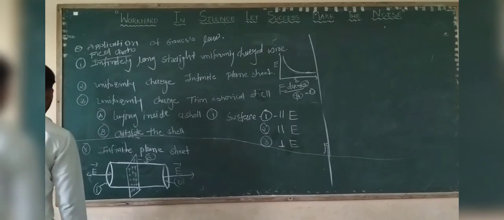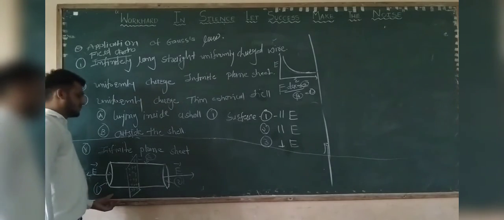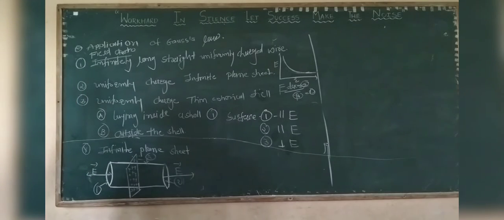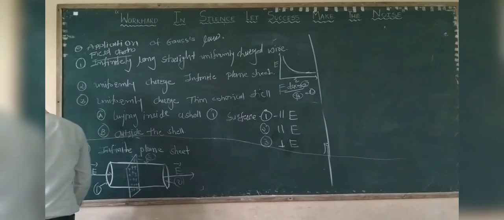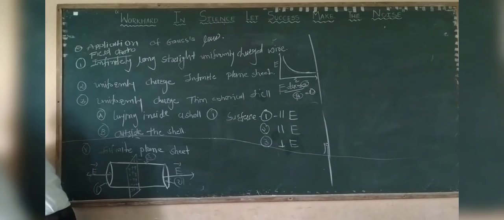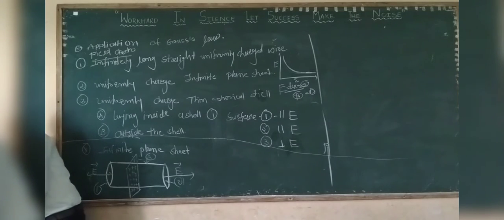We require the flux phi. First of all, we are measuring the flux phi. But before that, we take the area: a cylindrical cross-section of area A and length 2r as the Gaussian surface.